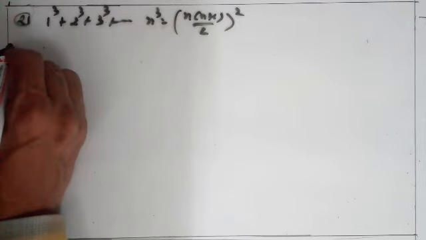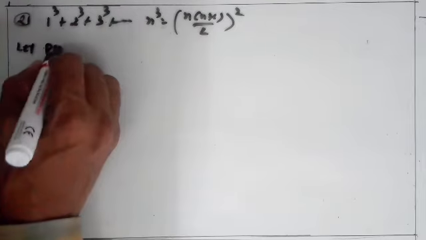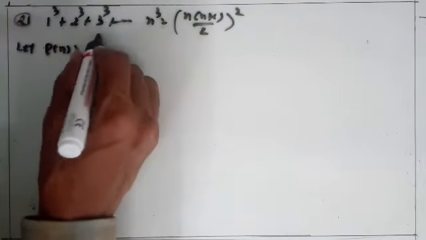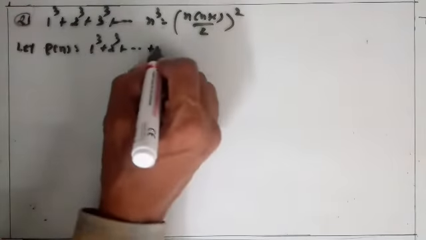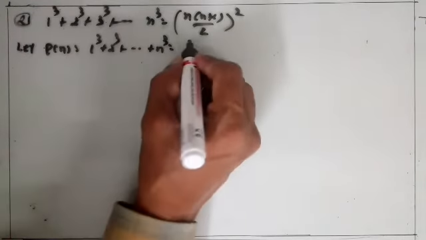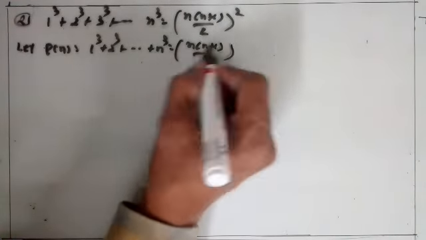To prove the given statement by PMI, first denote the given statement by Pn. Let Pn be 1 raised to 3 plus 2 raised to 3 plus up to plus n raised to 3 is equal to n into n plus 1 by 2 raised to 2.